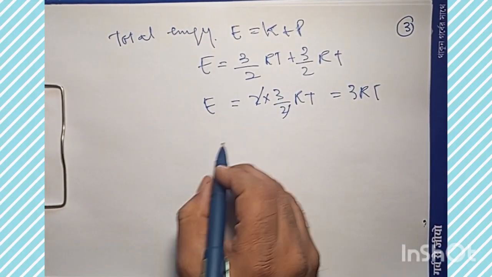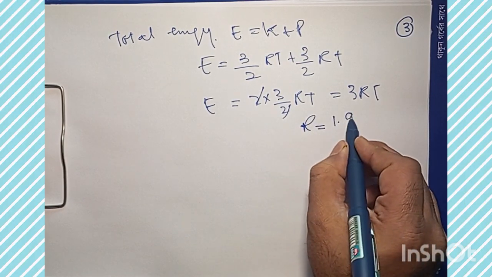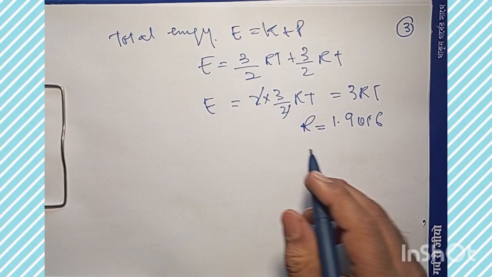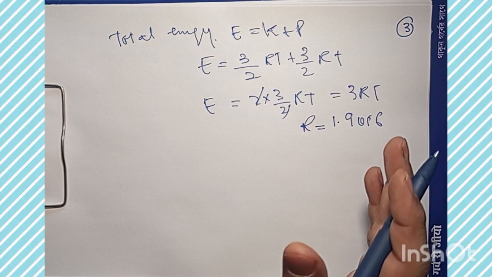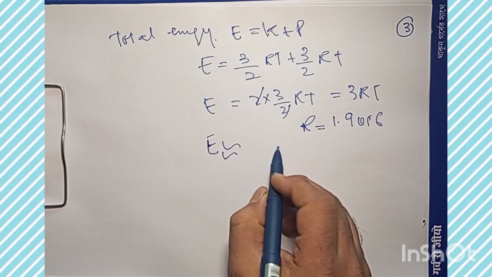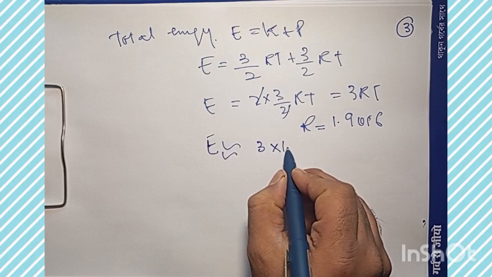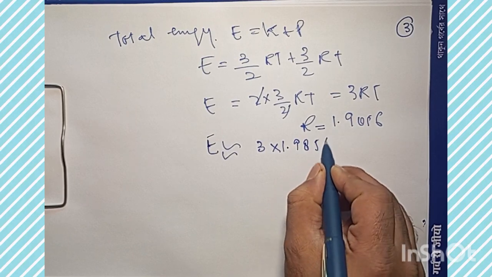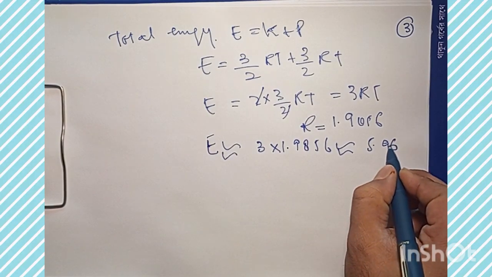And if we make use of this value of gas constant R equal to 1.9856 per gram atom, what we find is this E nearly comes out to be 3 times 1.9856, and this nearly comes out to be 5.96.